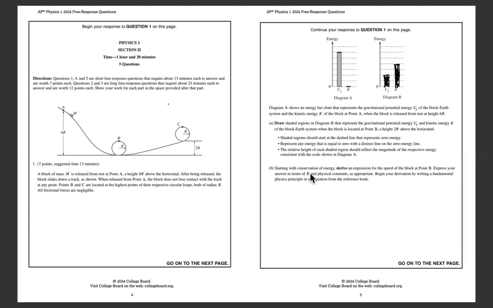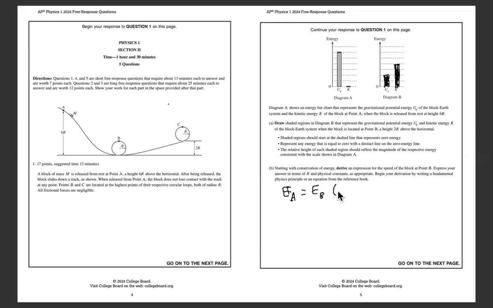All right. So starting with conservation of energy, derive the expression for the speed of the block at point B. That's not too bad, because the total energy at point A has to equal the total energy at point B. That's conservation of energy.